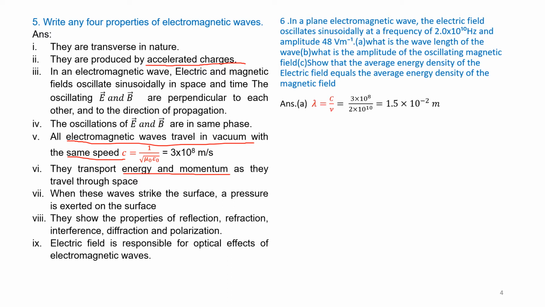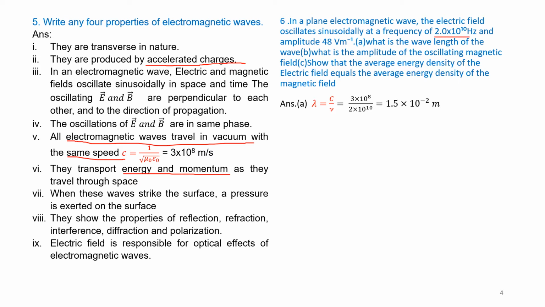Answer A. First question, what is the wavelength? The wavelength lambda is given by lambda equals C over nu. C is the standard value. We have to remember it as 3 into 10 to the power of 8, the speed of light. And nu is equal to 2 into 10 to the power of 10 Hertz, that is the frequency given.